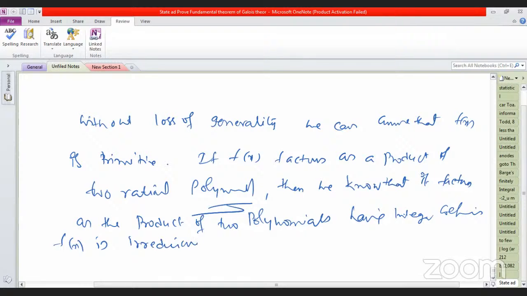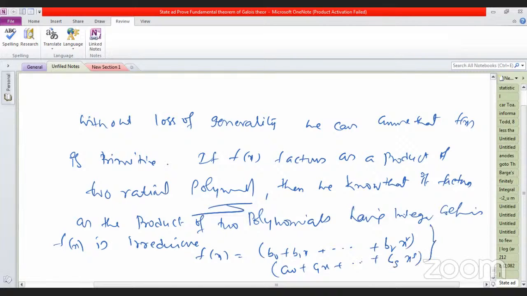So therefore f(x) is equal to (b0 + b1x + ... + br x^r)(c0 + c1x + ... + cs x^s).